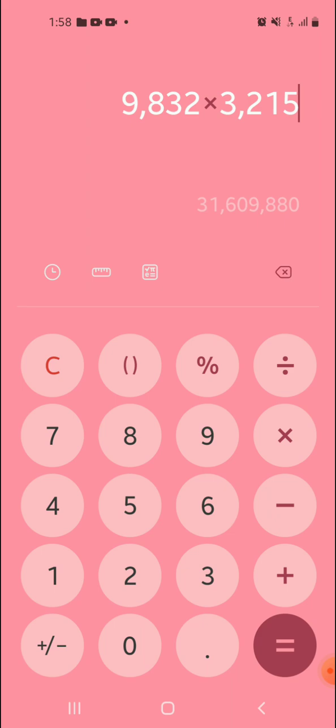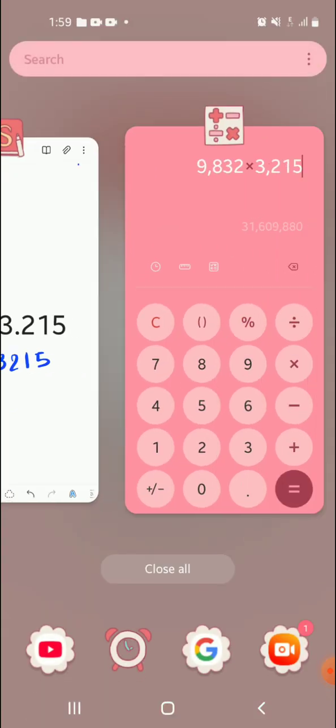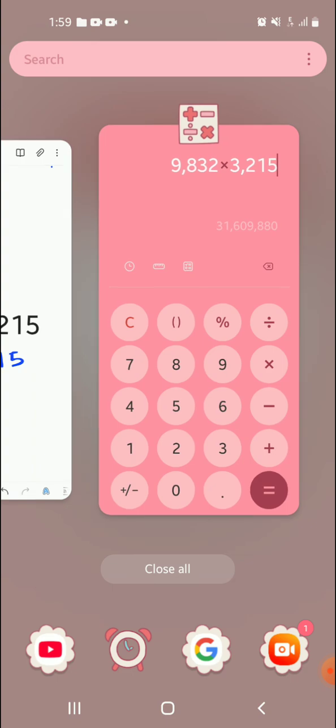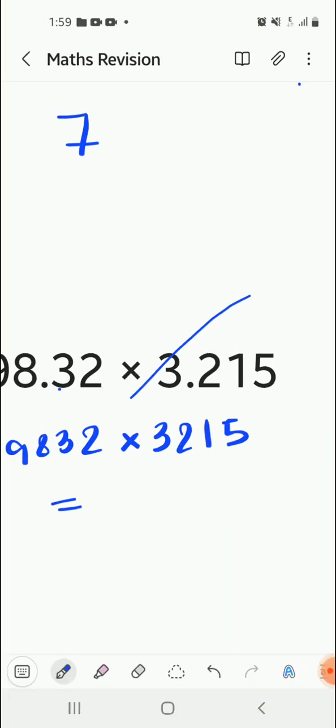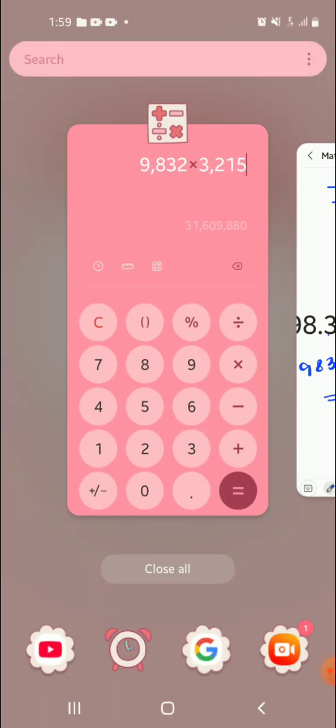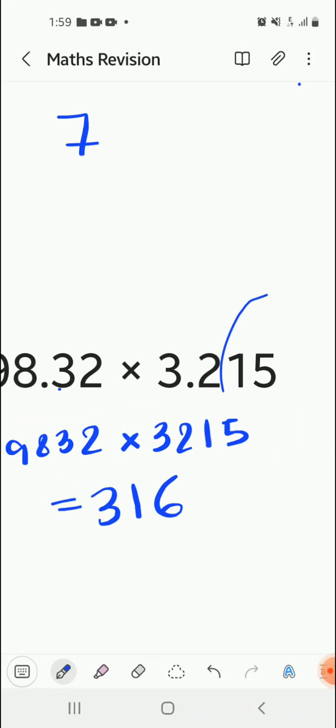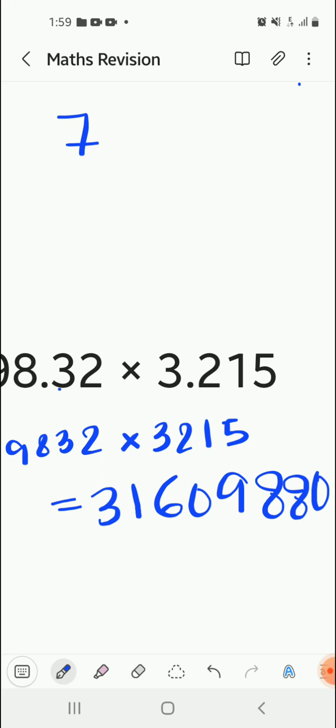So we've got 3160980. Let's write it. 3160980. So this is the number we have got.